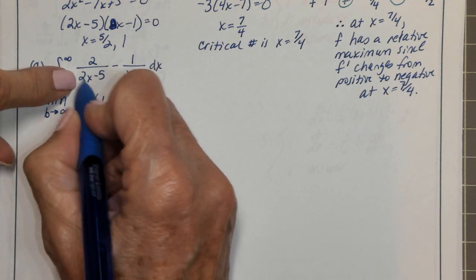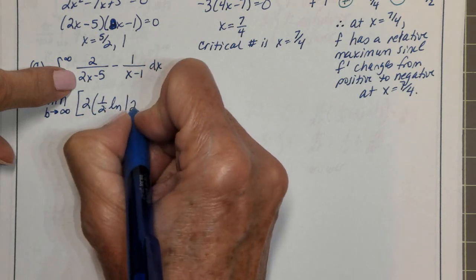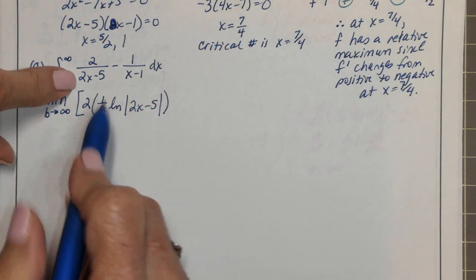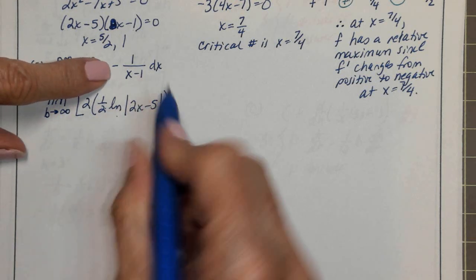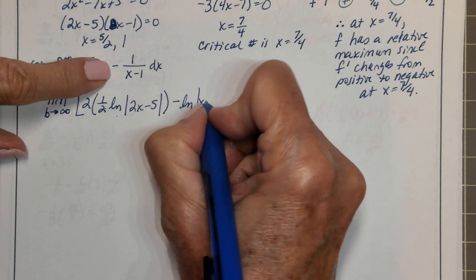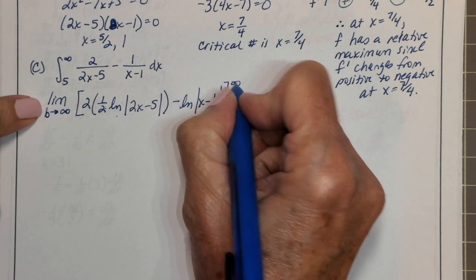If you do a u sub, you'll get that 1/2 there. Just like that. So that's the antiderivative of just this first piece. Minus ln absolute value x minus 1 from 5 to infinity.